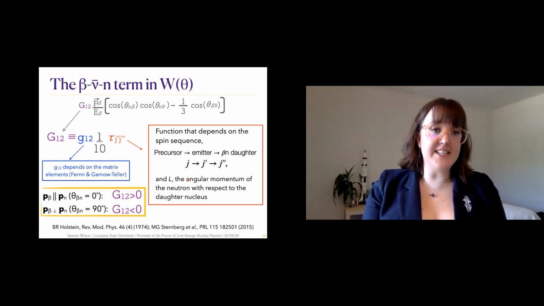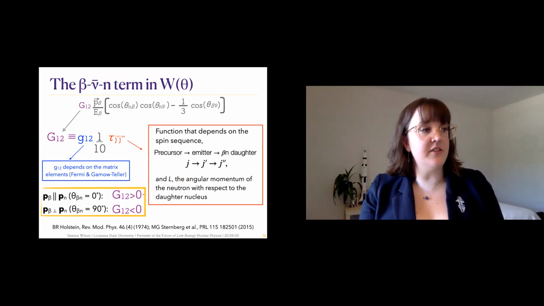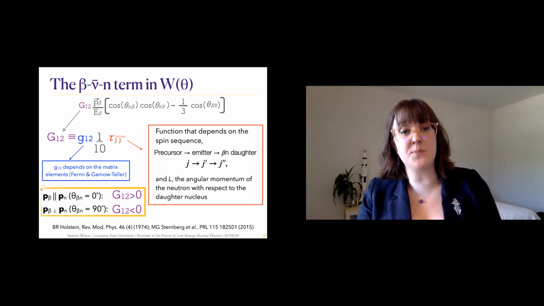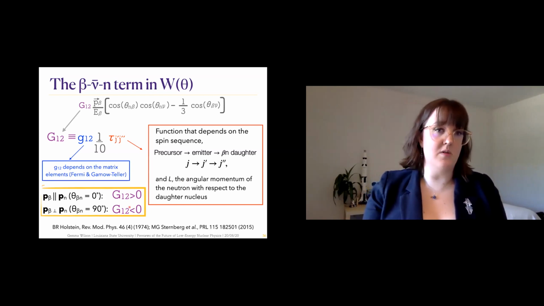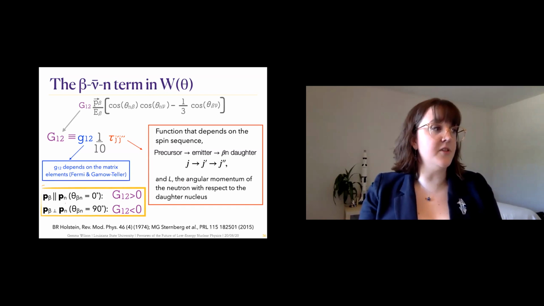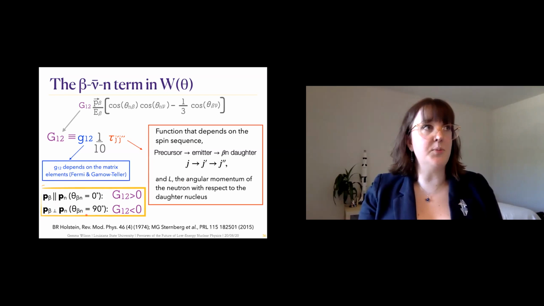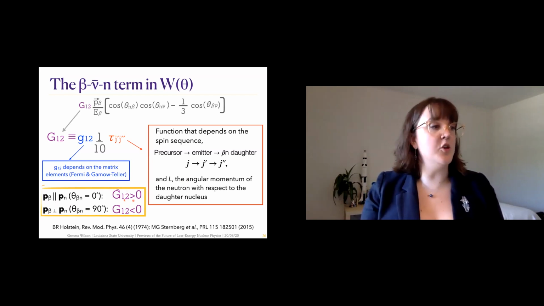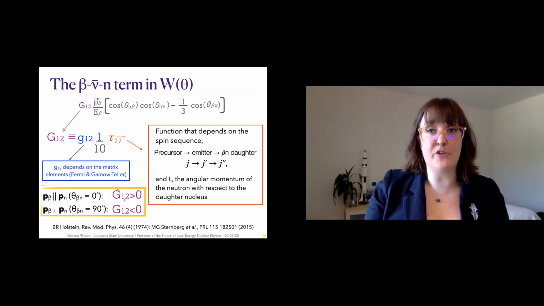What that physically means is that a positive G12 value means there's a tendency for the beta and the neutron to be aligned, and a negative G12 value means there's a tendency for these to be perpendicular. So we expect our neutron energy to be overestimated when G12 is greater than 0, and to be about right when G12 is less than 0.